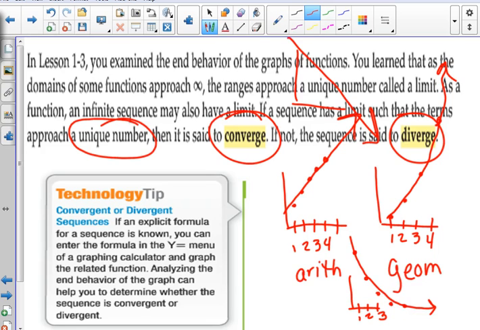Okay? Now, it is possible that it can approach something other than 0. I have students think it can only approach 0. If I did this, 1/2 a sub n minus 1 plus 6, where we started at 10. So the first term would be 10, the next term would be half of 10 is 5 plus 6 is 11.